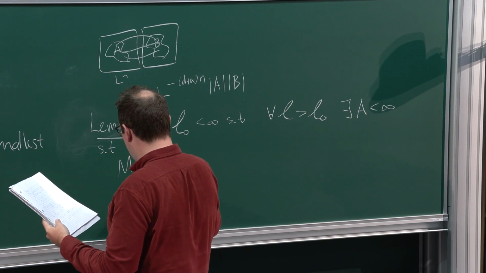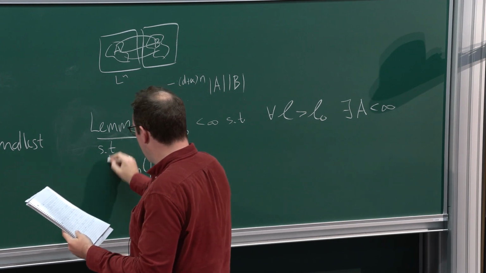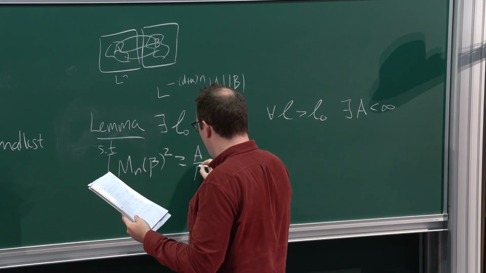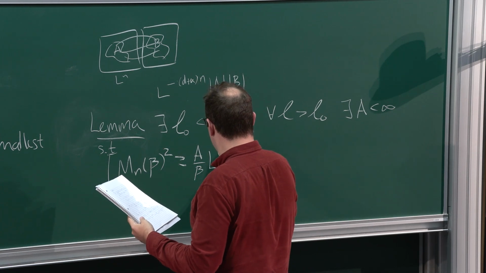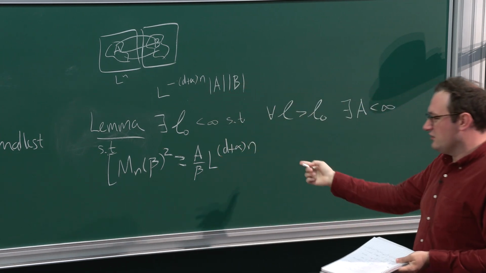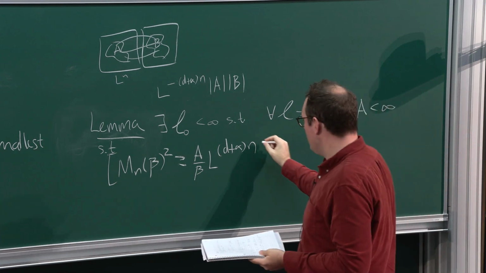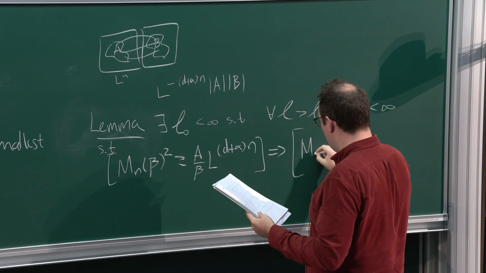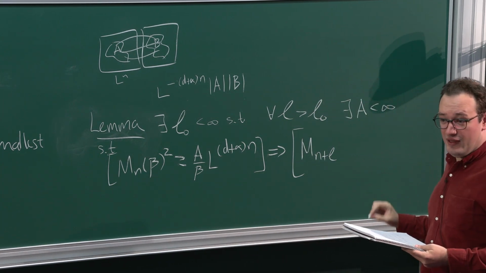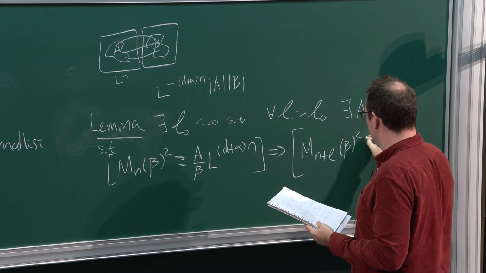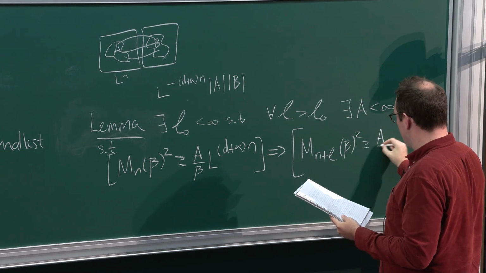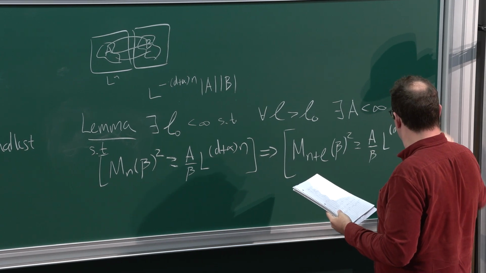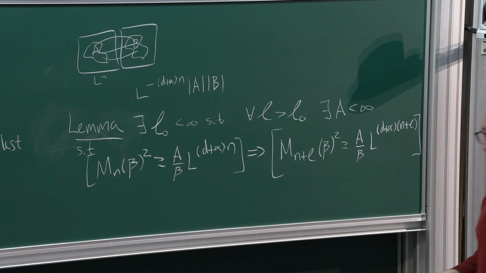if, so this is going to be an implication, if M_n squared is bigger than A over beta times this, it's just convenient to put the square on the left-hand side to get simpler formulas, then the same bound is true at this larger scale, n plus L. Okay.